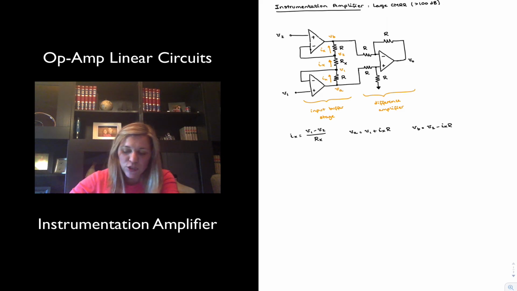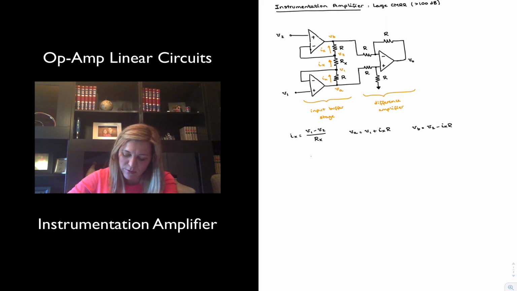My output voltage is going to be the difference between VA and VB, because VA and VB are now being fed into the two inputs of a difference amplifier stage of gain 1, because the ratio of the feedback and bottom resistors R to the two input resistors is equal to 1.